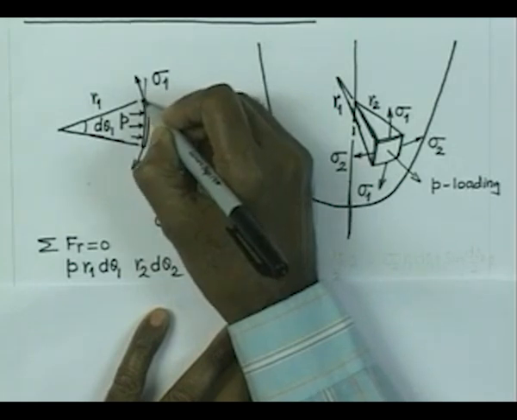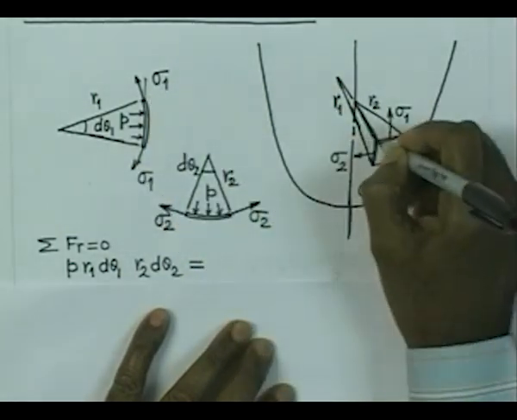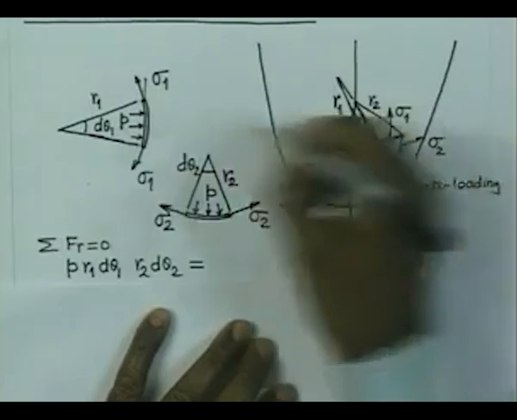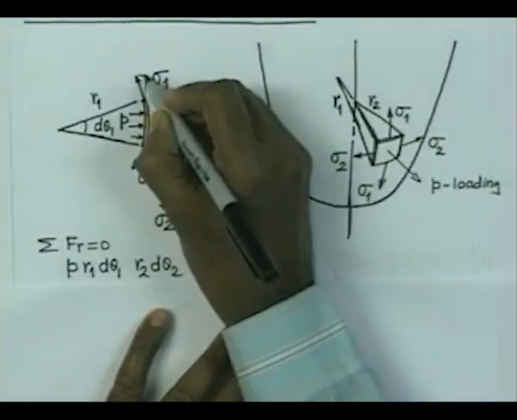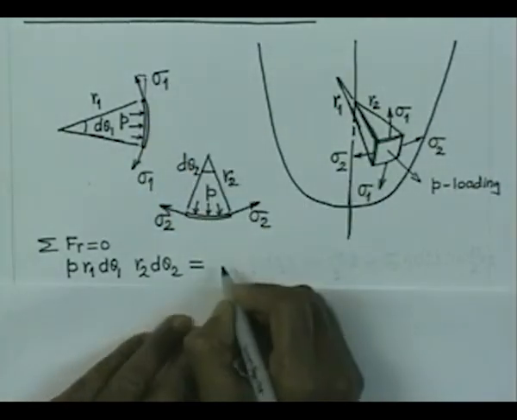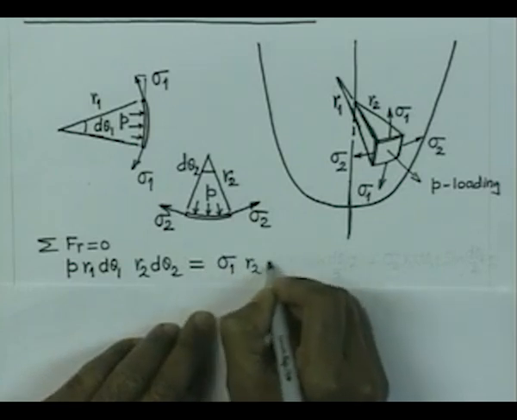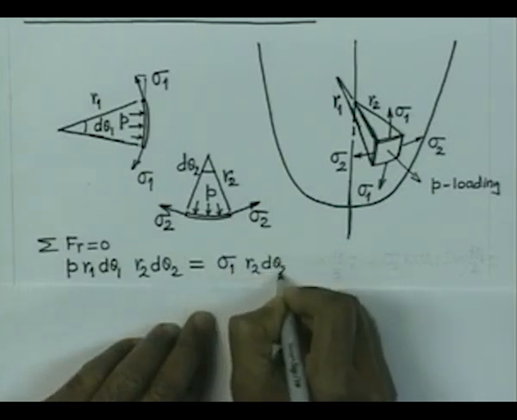So, therefore, we can now consider what is this area. This area is nothing but R2 into d theta 2 into t into sigma 1, and its sine component, sine d theta 1 by 2 component. So, we can write now sigma 1 R2 d theta 2 into t.